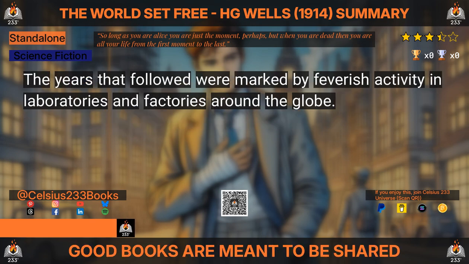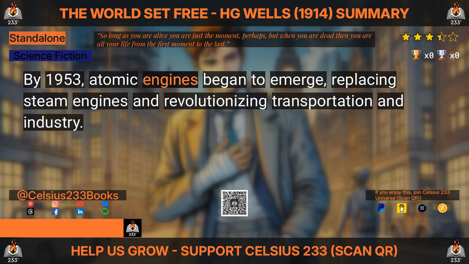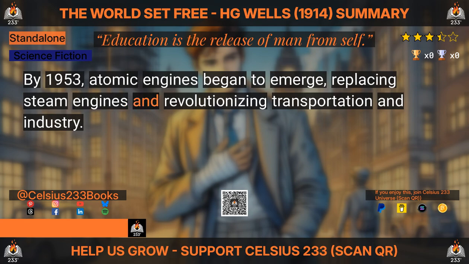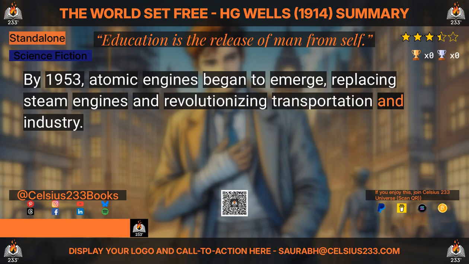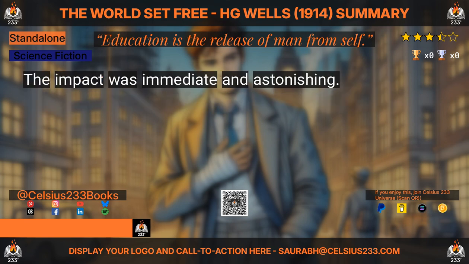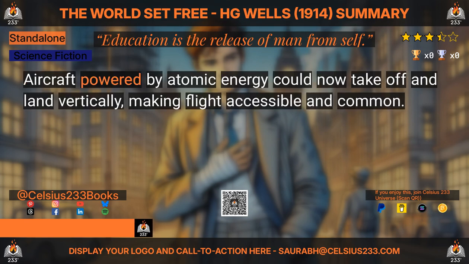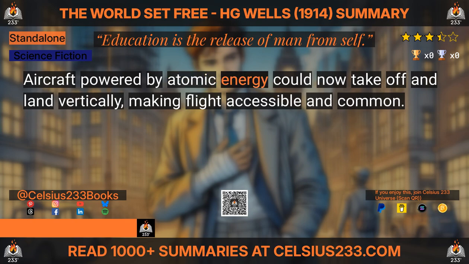The years that followed were marked by feverish activity in laboratories and factories around the globe. By 1953, atomic engines began to emerge, replacing steam engines and revolutionizing transportation and industry. The impact was immediate and astonishing. Aircraft powered by atomic energy could now take off and land vertically, making flight accessible and common.